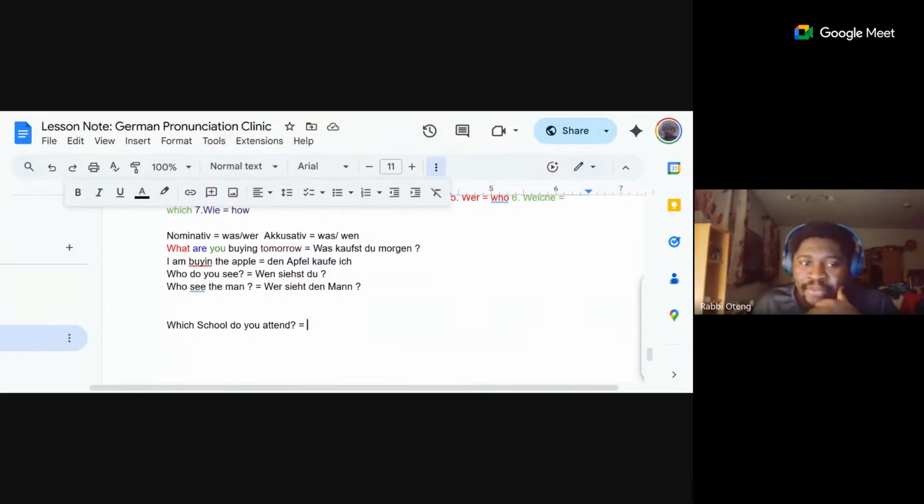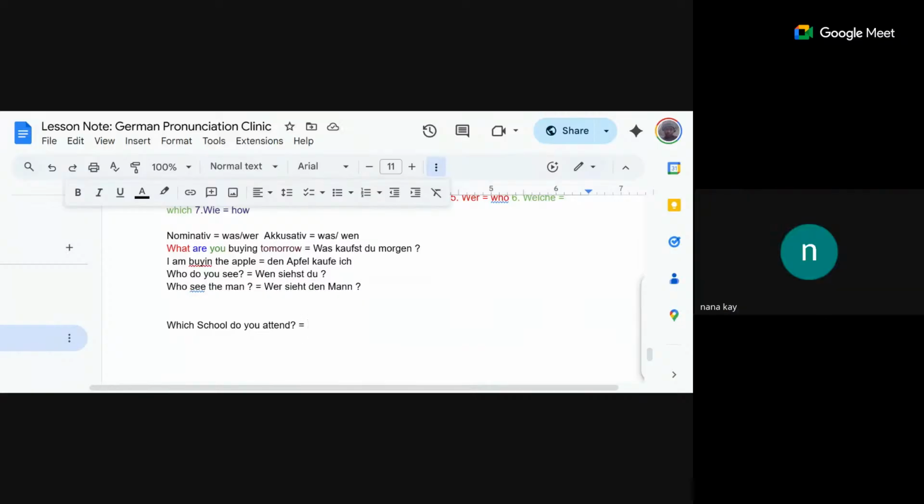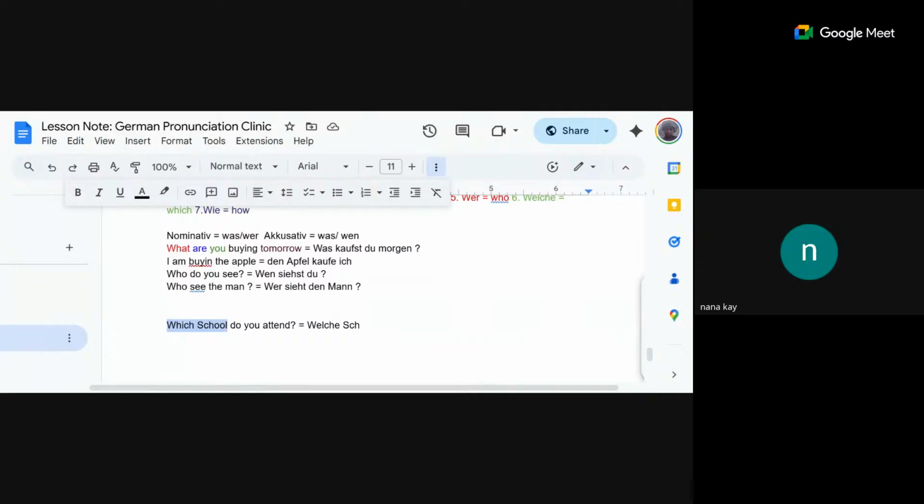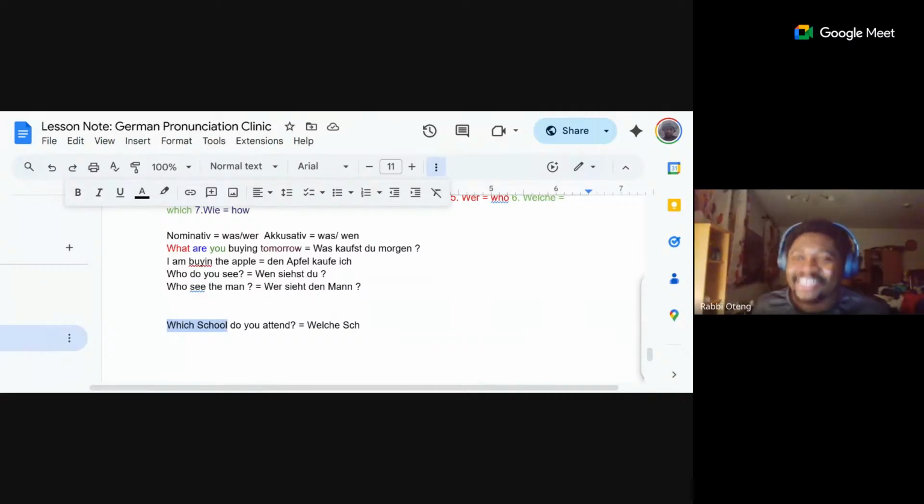Welchen Schule? The Schule is feminine. So it will be welche Schule, because the which in this case is attached to a feminine. Okay, it's welche, not welchen. The feminine in accusative remains welche. So welche Schule.